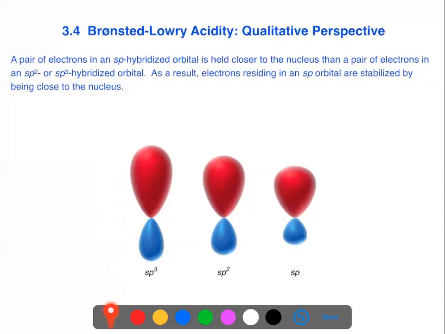And then the sp2 would be more like 33% of that orbital coming from the s orbital. So the sp is going to be able to stabilize the additional electron on that carbon center more effectively because the electrons will be closer to the nucleus.